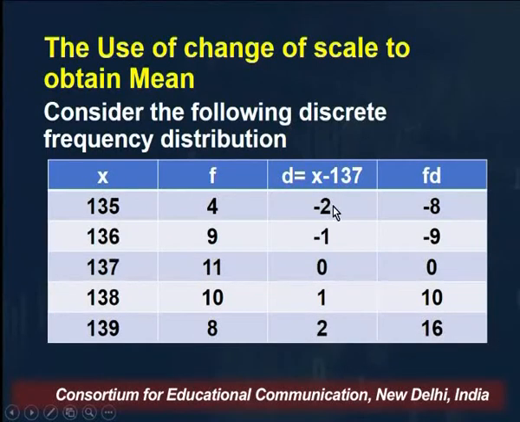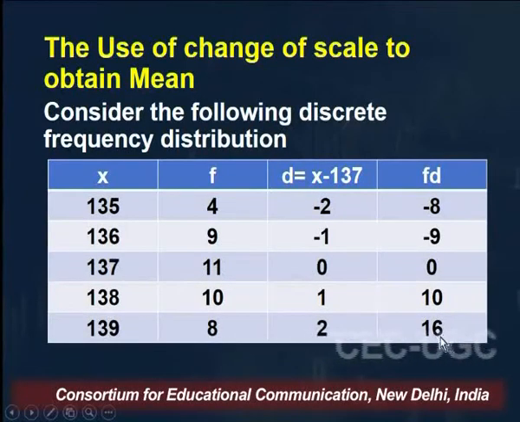In order to do that, I will multiply Fi into di. I will multiply the elements of the second column with the elements of the third column. So I get Fi di as, you can just mentally do it, you don't need any calculator here. Earlier you needed a calculator, here you don't. So it will be minus 8, minus 9, 0, 10 and 16.